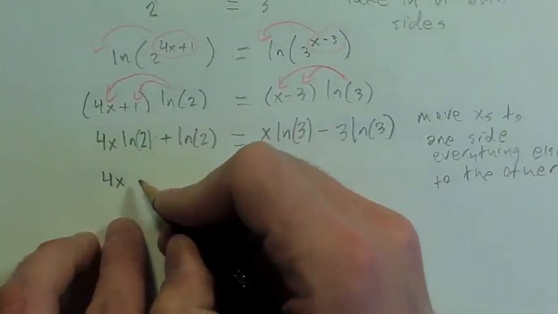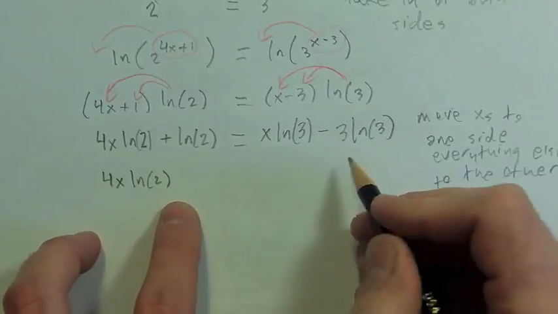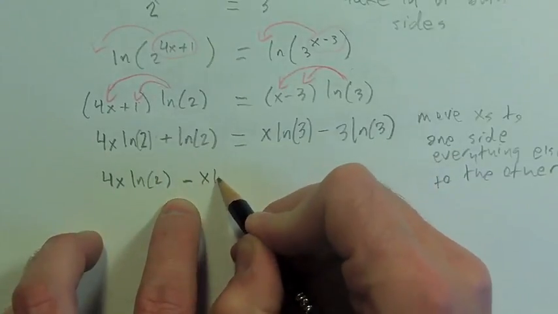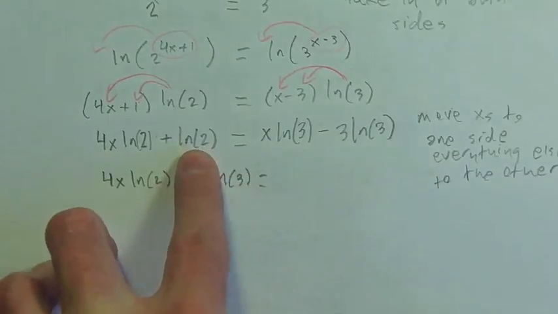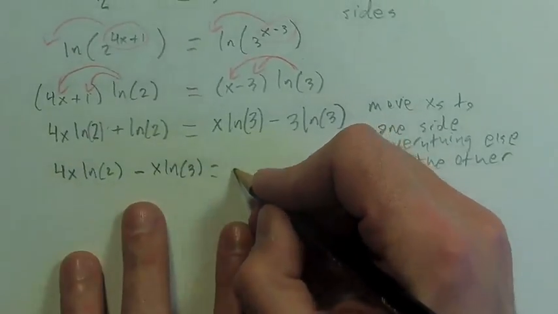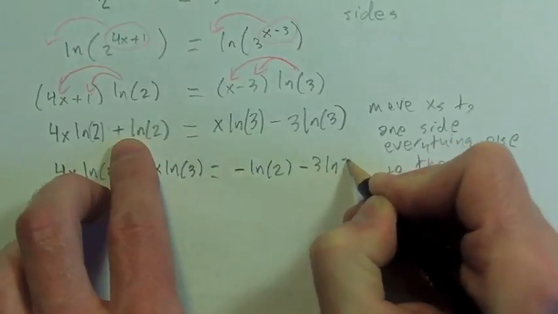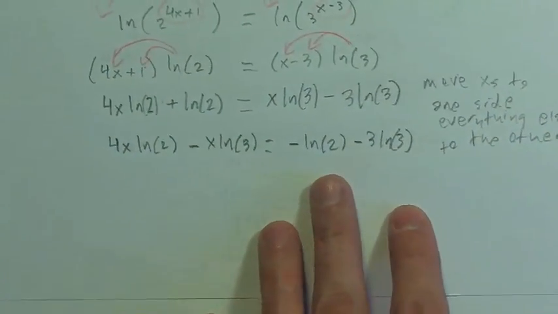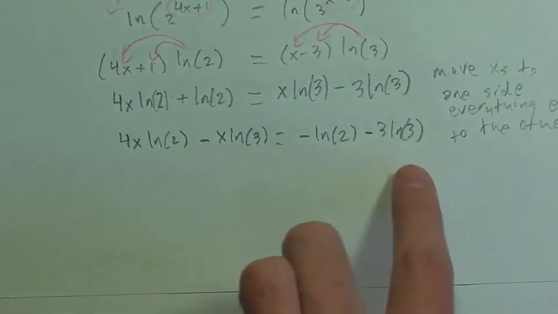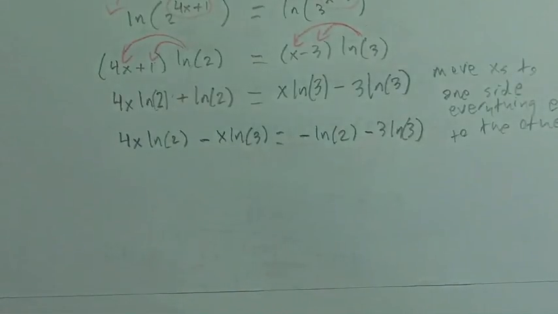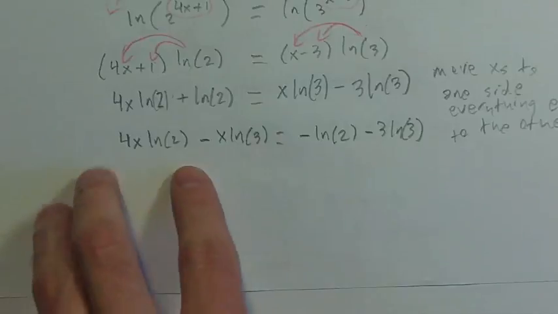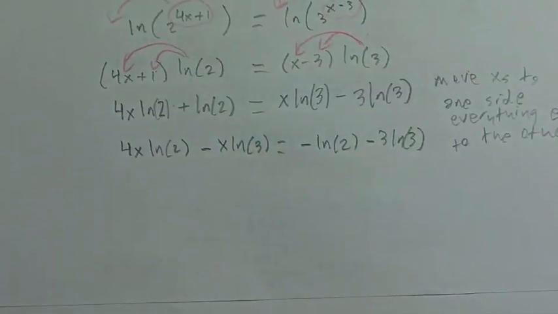So I'll get 4x ln 2 minus x ln 3. And then I'll move this ln 2 over to get minus ln 2 minus 3 ln 3. It's kind of complicated, but remember, these are just numbers. I don't know what they are, this ln 2 and ln 3, until I plug them into my calculator, but they're just numbers. We don't have to worry too much about it.